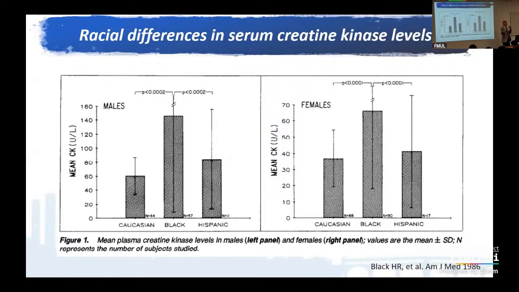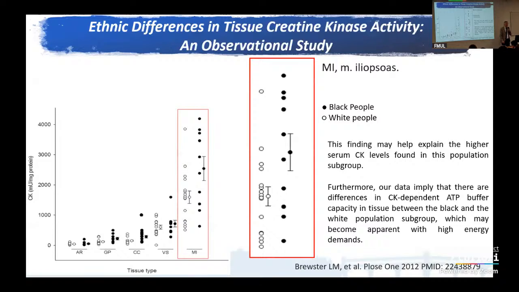So there is a genetic, ethnicity difference in this value in normal people. We have also other differences in terms of activity. For example, in Black people, CPK activity is very much increased with respect to Caucasian people, and in particular, as you can see here, in muscle and in iliopsoas.